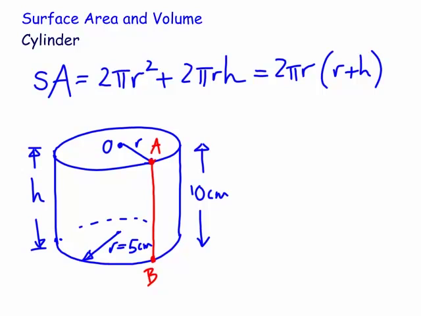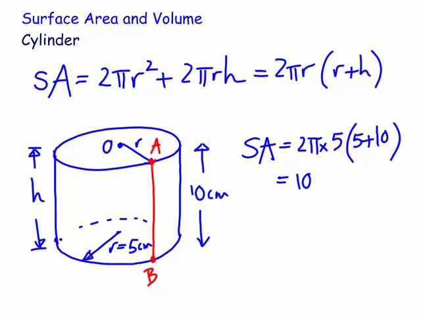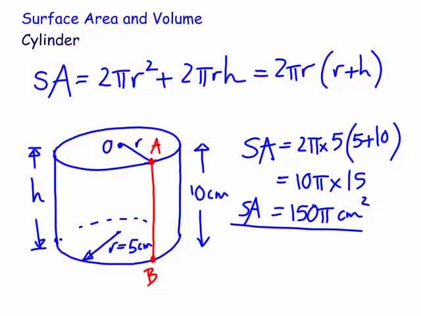Using the surface area formula above, it's 2 times pi times the radius, which is 5, times r plus h, which is 5 plus 10. That's 10 pi times 15, or 150 pi centimeters squared. This is the exact surface area.